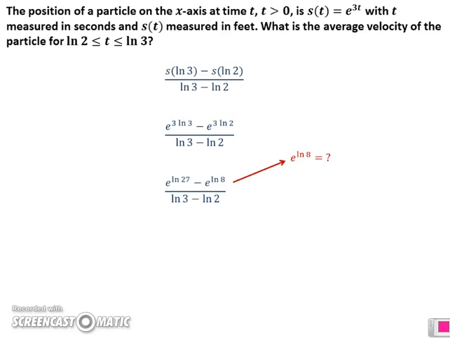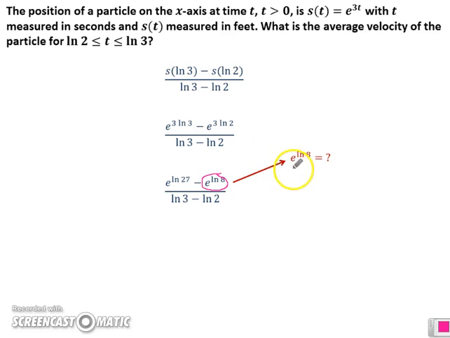The reasoning is, let's just look at this one for a minute. This is going to equal 8. That question mark is an 8. And the reason why is because you can take an exponential function and rewrite it as a log, because logs and exponent functions undo each other. They're inverses. So it's just like squares and square roots, cubes and cube roots, things like that. They undo each other.